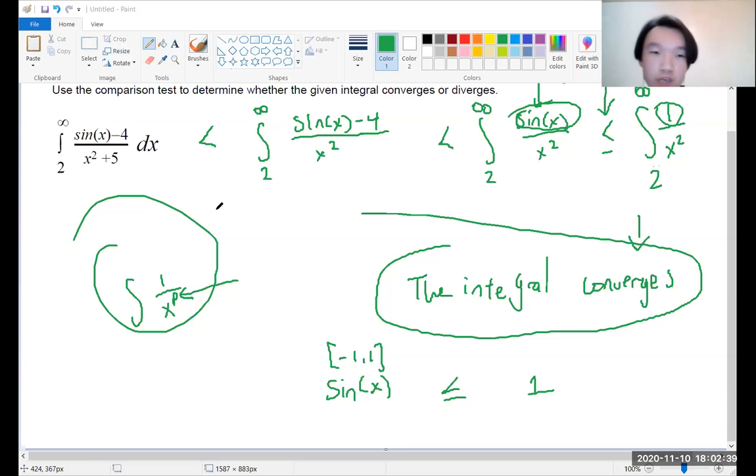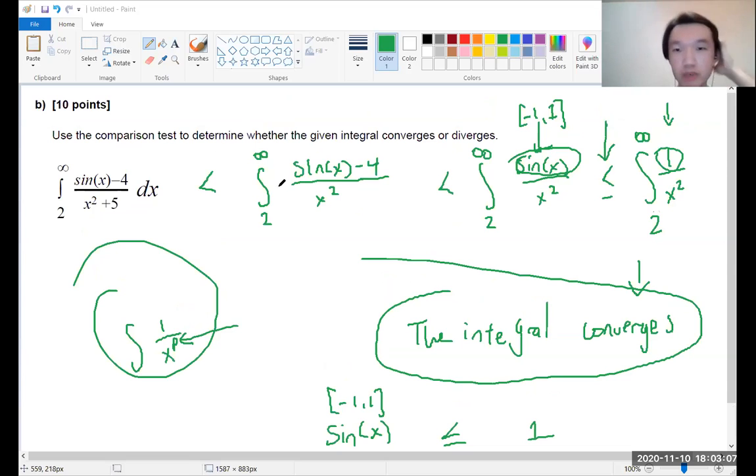Yeah, no, I can't really think of an example off the top of my head, but as long as you show your work for these things, like when I make a question, I might have inconclusive or convergent or divergent, and you might get an answer that doesn't match mine. But if I see your work and I see that all the integrals you compare it to are reasonable and you have the right inequality sign, then I'll give you the credit, as long as you know how to use the comparison test. So yeah, don't worry too much about that. All right, let's go to the next question.